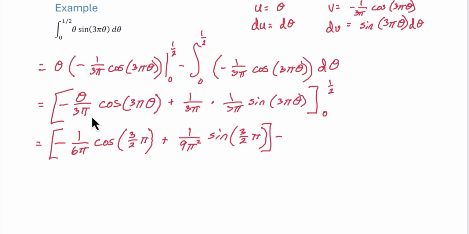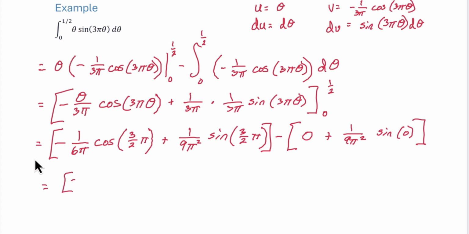Then we need to subtract and plug in the lower limit 0. Plugging in 0 to this first term will just make that 0. And then we get plus 1 divided by 9 pi squared sine of 0.